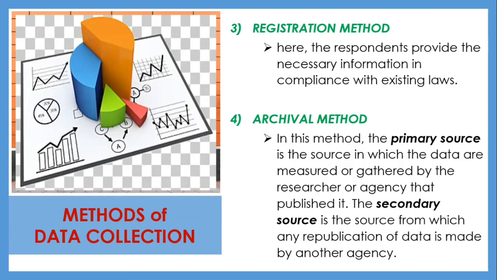And in this method, the primary source is the source in which the data are measured or gathered by the researcher or agency that published it. Secondary source, on the other hand, is the source from which any republication of data is made by another agency.